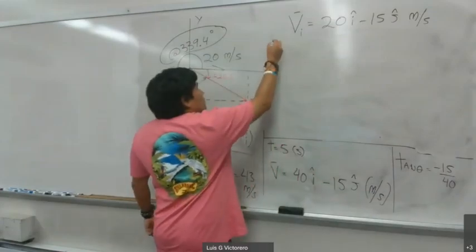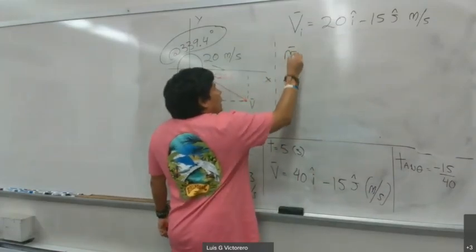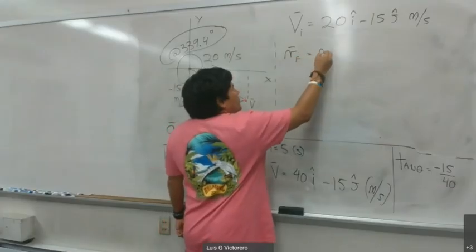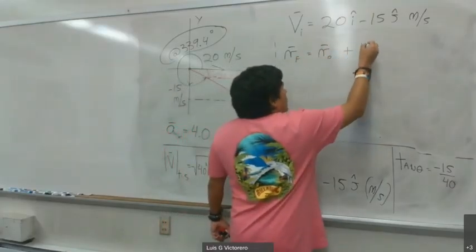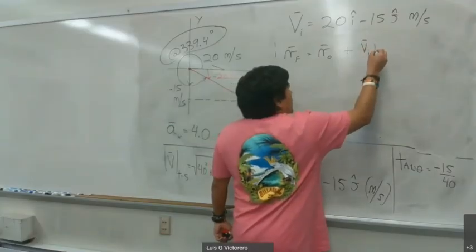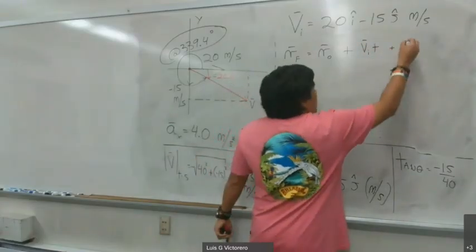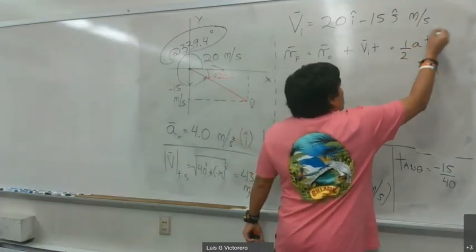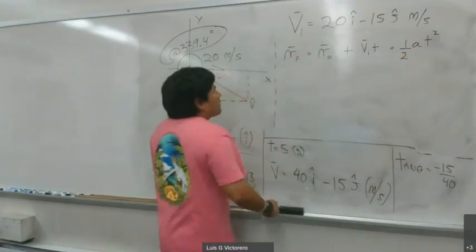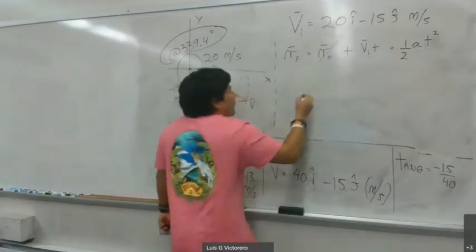R final equals R initial plus V initial times time plus, because it's positive there, 1/2 acceleration t squared, in meters, right? Now we know our initial is the origin, so this is 0.